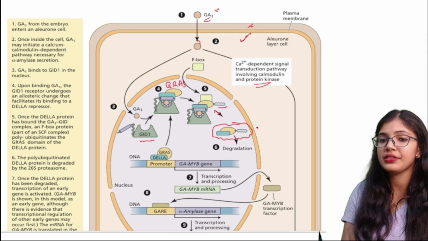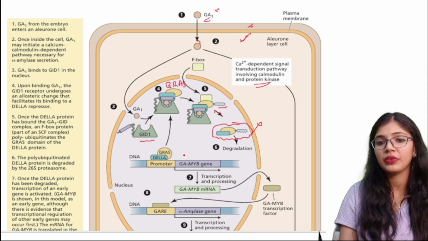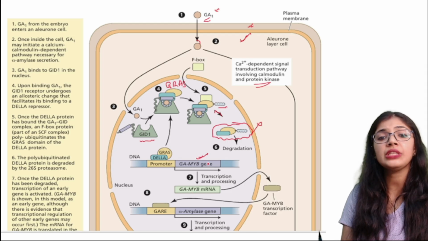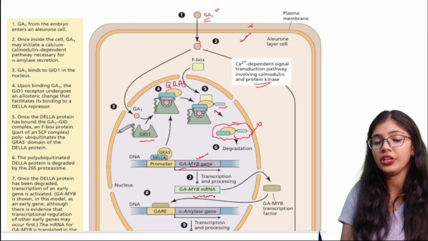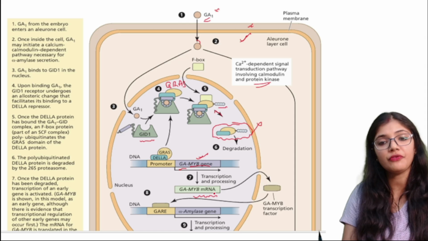Now this repressor is being degraded, so there is no one to repress this gene. Which gene is expressed? That is the GAMYB gene. Here the mRNA is formed by the process of transcription.